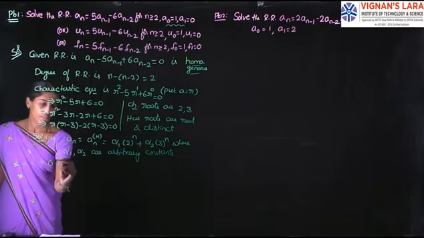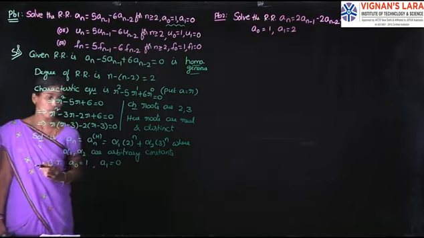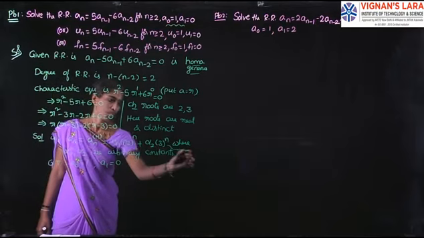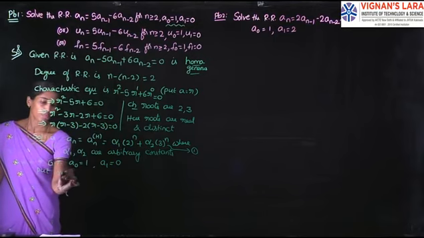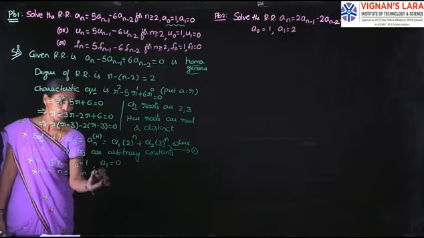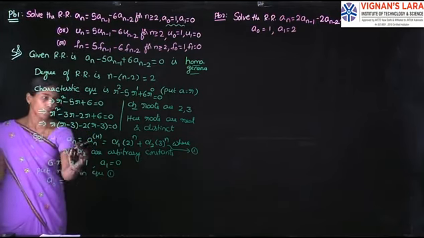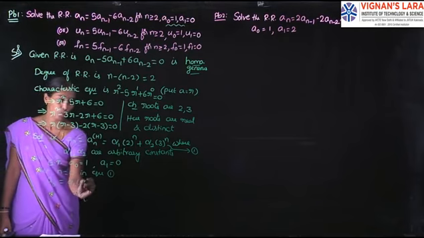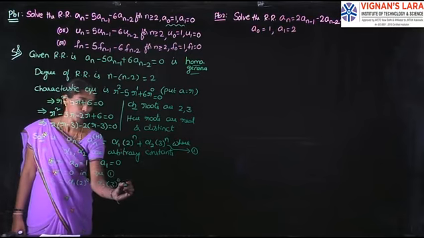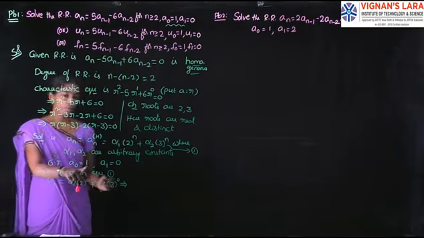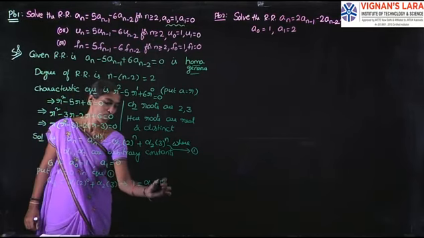So given that a0 is equal to 1, a1 is equal to 0. Let it be equation 1. Put n equal to 0 in equation 1. So we get a0 is equal to alpha 1 2 power 0 plus alpha 2 3 power 0. So a0 value, which is given 1, is equal to alpha 1 plus alpha 2.